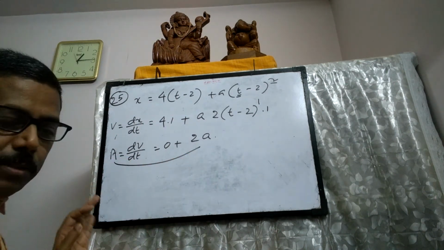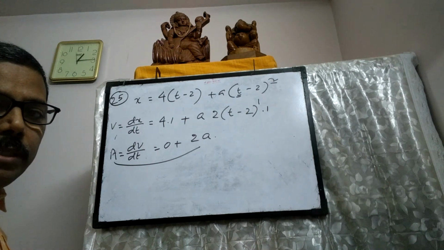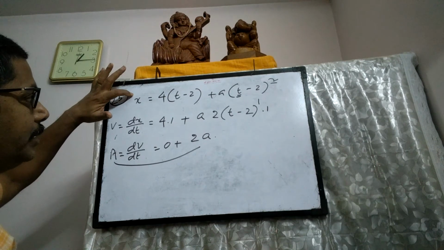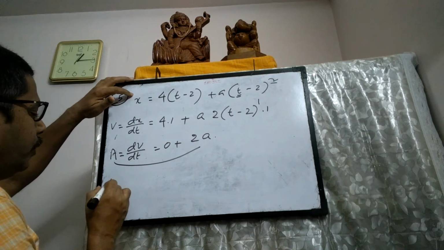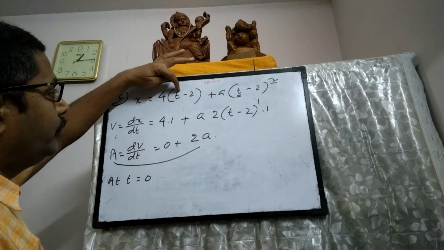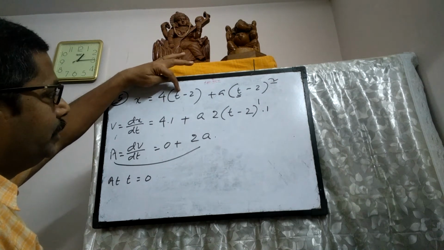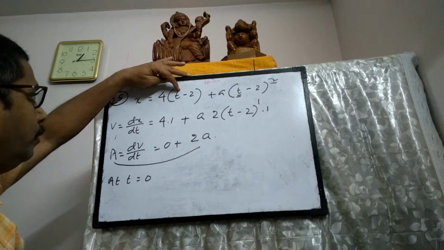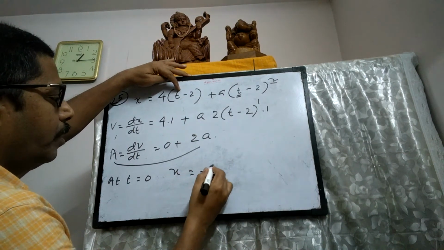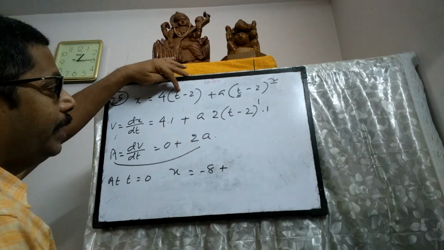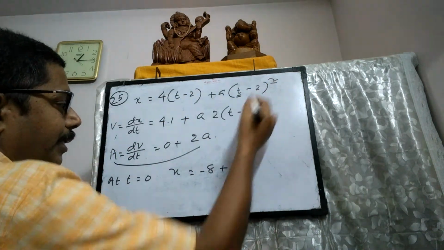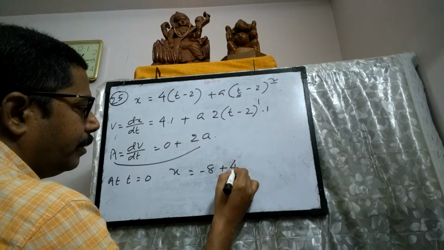That is one option in the question. That is the second option. That is the right answer. But others are not correct. Check. At t is equal to 0, if you substitute t is equal to 0 here, what will you get? x is equal to minus 8 plus, here it is 0 minus 2 whole square, that is nothing but 4a.